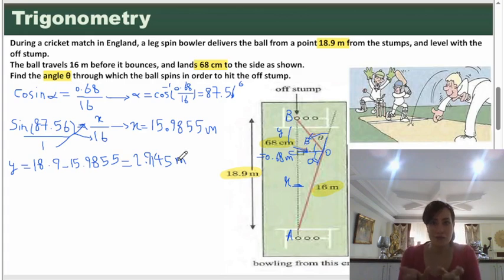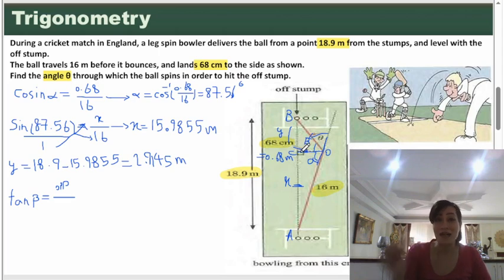The tangent formula says the tangent of angle beta equals the opposite side over the adjacent side, the length of the adjacent side, which here is 0.68.